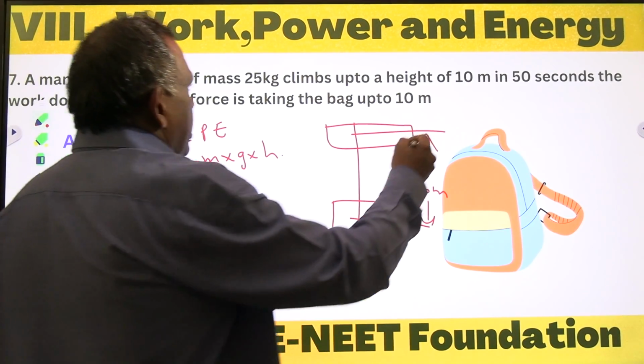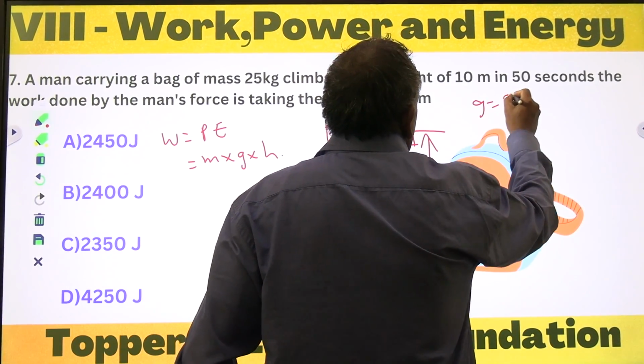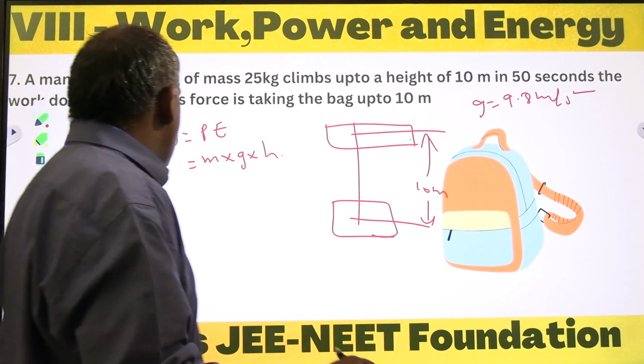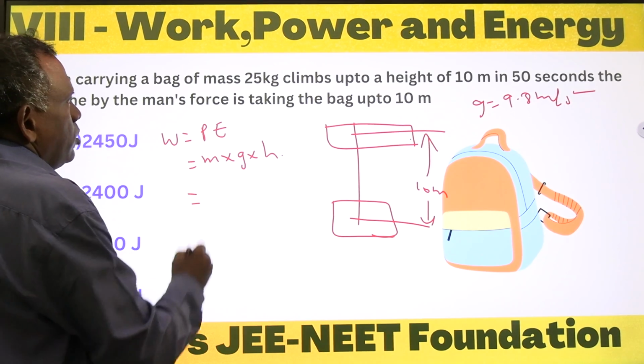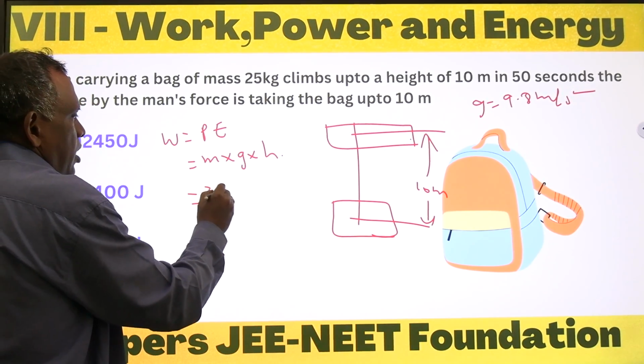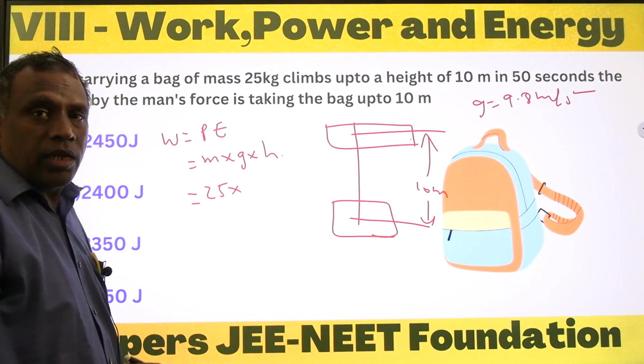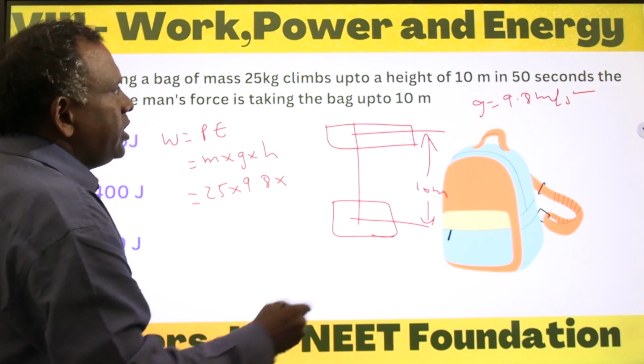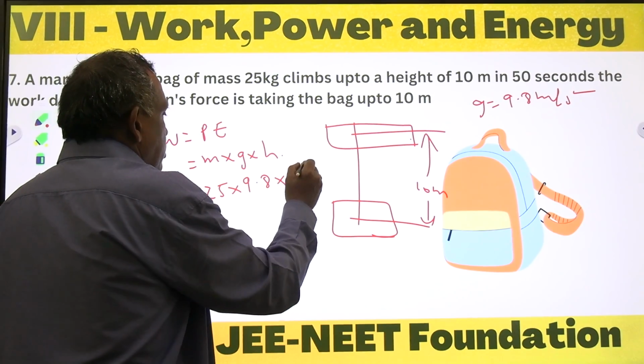Here the acceleration due to gravity, you have to take it as 9.8 meters per second square. So mass is 25 kg, gravity is 9.8, and height is given, 10 meters.